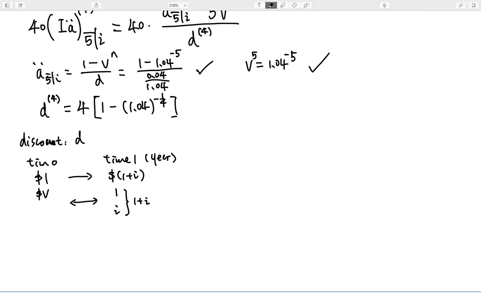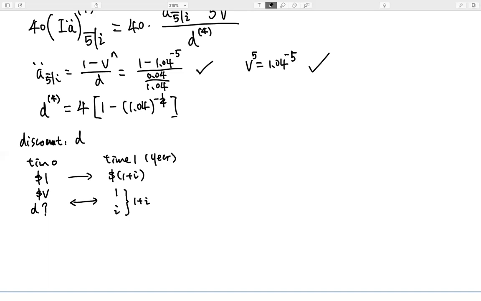That's how you do discounting: v at time 0 will grow to 1 at time 1. So the question here is, how much is it worth at time 0 to have i dollars at time 1? So this is what we call d.